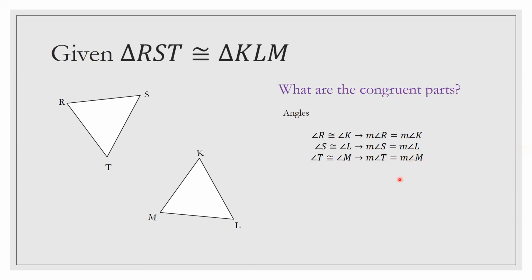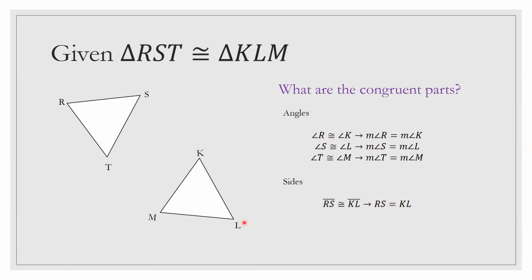When it comes to the sides, for example, we have segment RS congruent to segment KL, then it implies that RS is equal to KL. So if the measurement of RS is 5, we could say that KL is 5. Clear? These are just the implications.